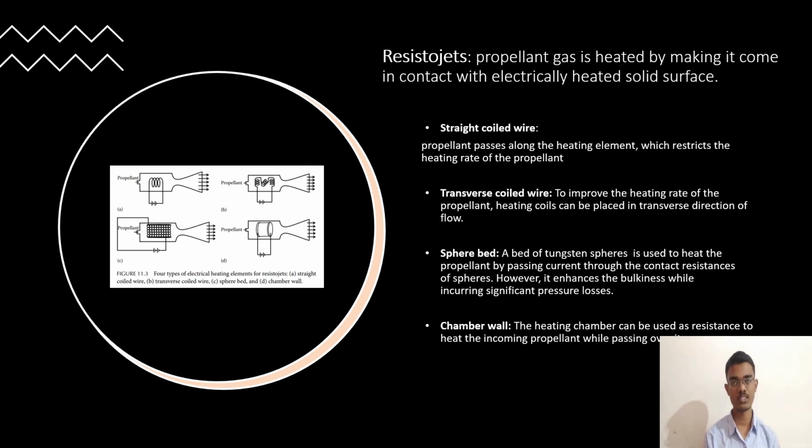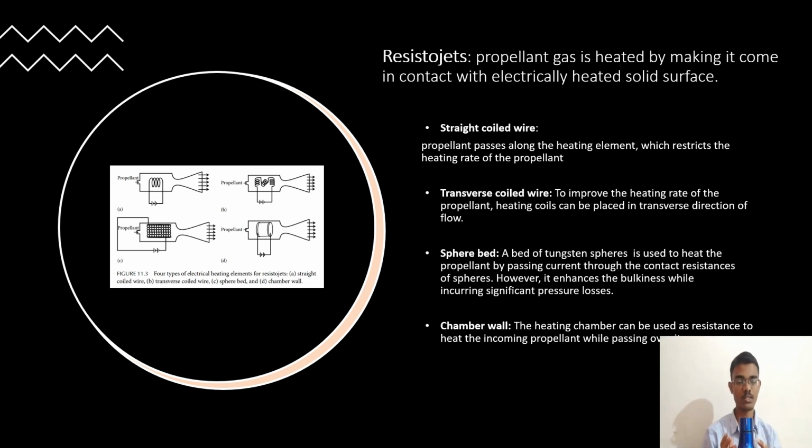We can understand this with a simple example. Let us take one bottle, and consider there is a funnel here and you are heating it with the help of a candle or anything, and you are pouring water from the top of the funnel.